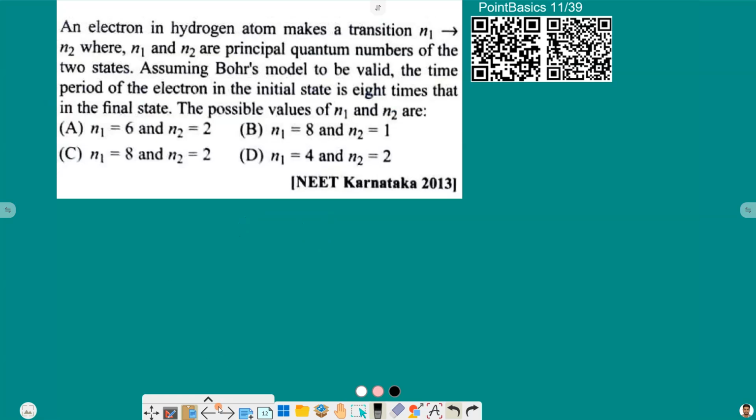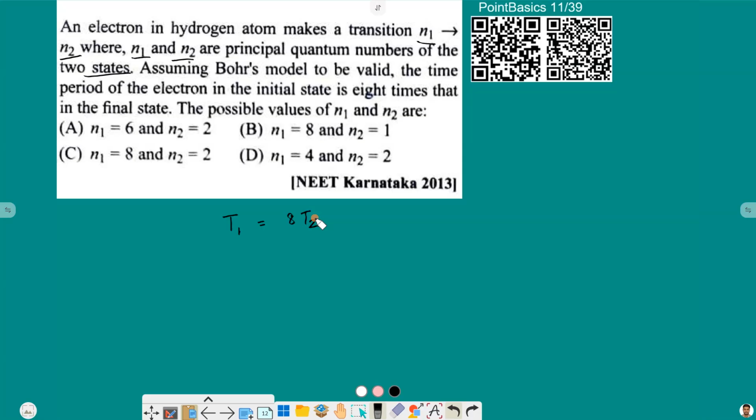Moving ahead. An electron in a hydrogen atom makes a transition from N1 to N2, where N1 and N2 are principal quantum numbers of the two states. Assuming Bohr's model to be valid, the time period of the electron in the initial state is 8 times that of the final state. The possible values of N1 and N2? So as mentioned here, the time period in one state is 8 times the time period of the other state.